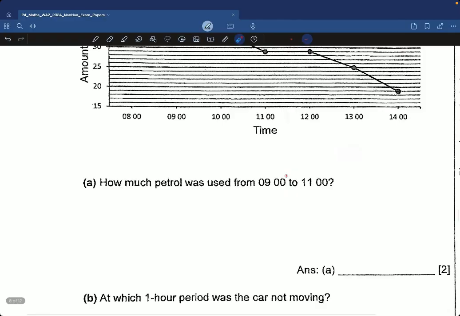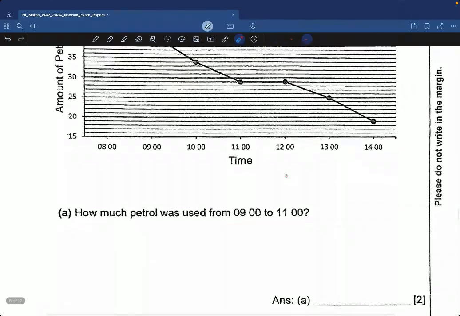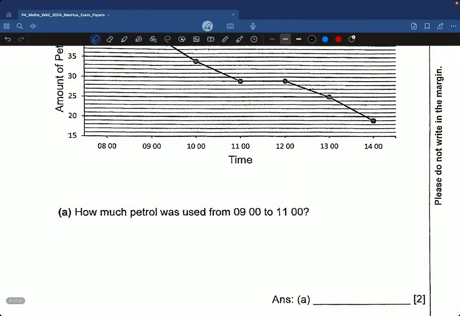Okay, so one thing to know is that for petrol, imagine you start off with, for example, 100 liters at 0800 hours. And then it says here it is 90 liters, and this is 0900 hours. So this is just an example.